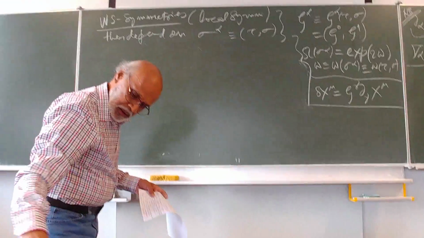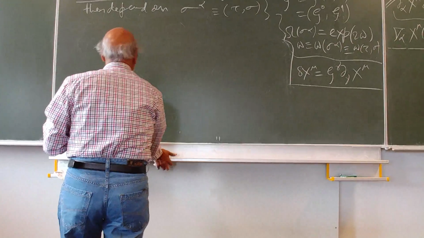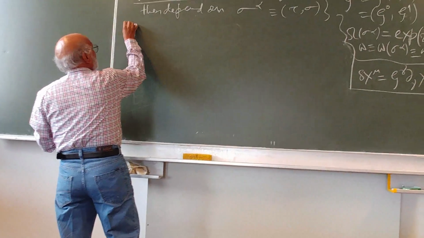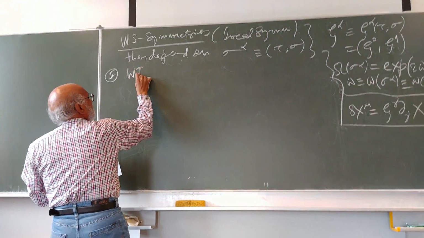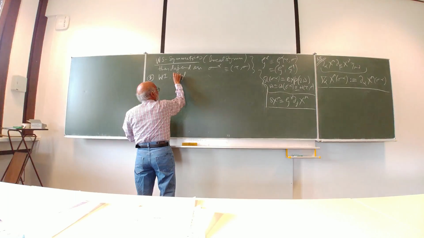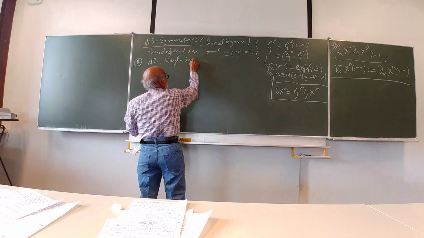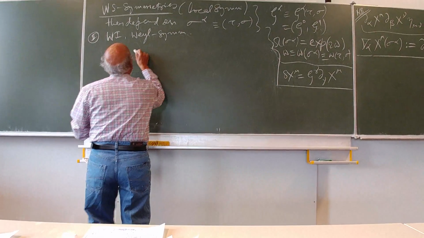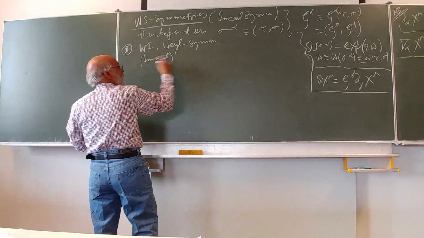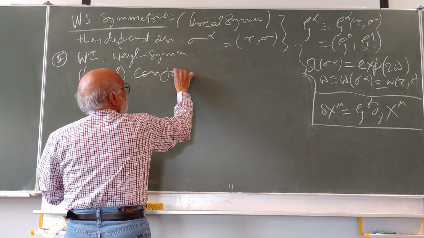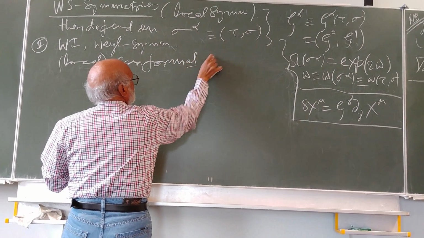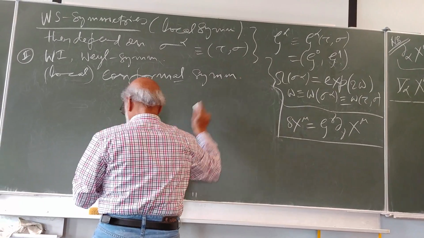So the second of the worldsheet symmetries is the Weyl invariance or the Weyl symmetry, and this is also a local, the earlier one was also local, conformal symmetry.